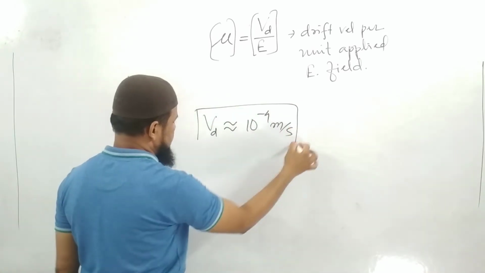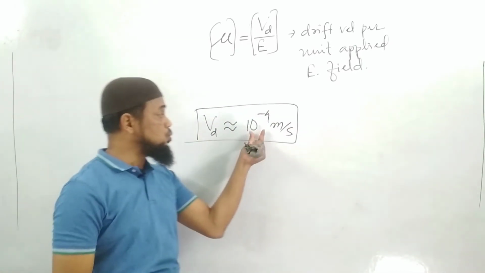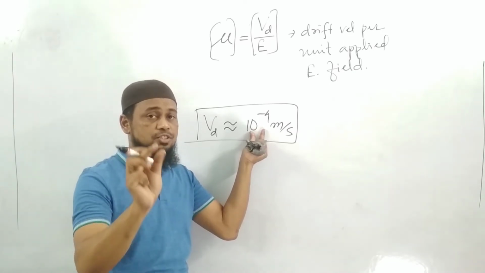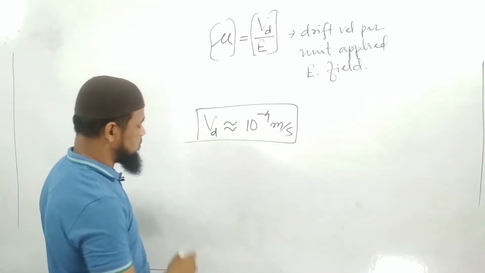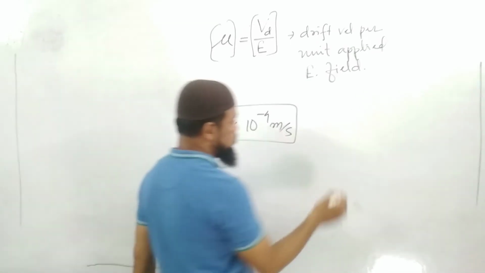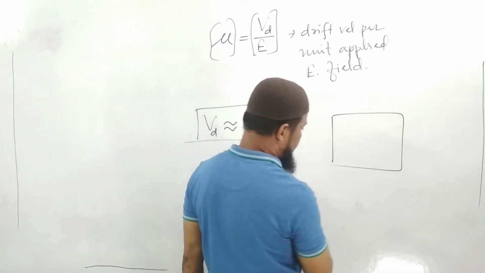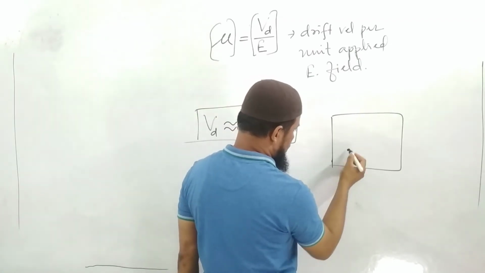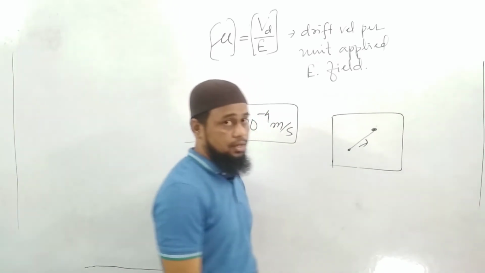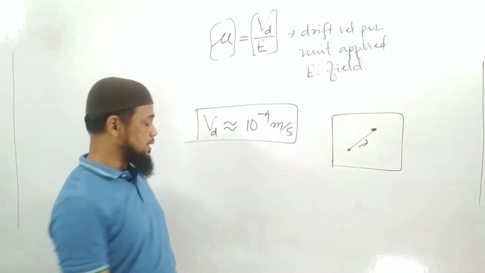This velocity is too small in comparison to the thermal velocity of the electron. Thermal velocity means the velocity when there is no electric field: electrons are moving, one collision, next collision, and in between these two collisions, that velocity.